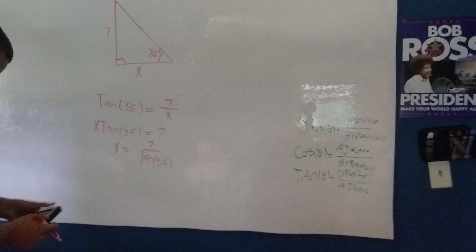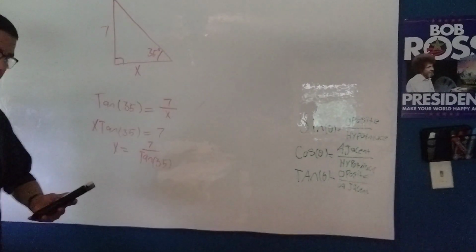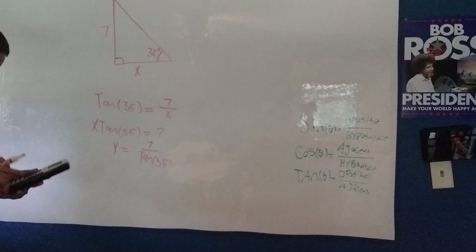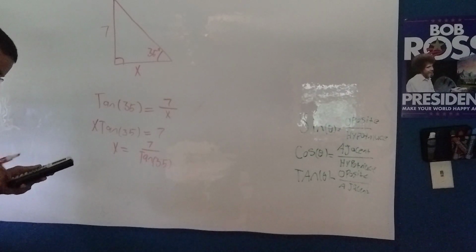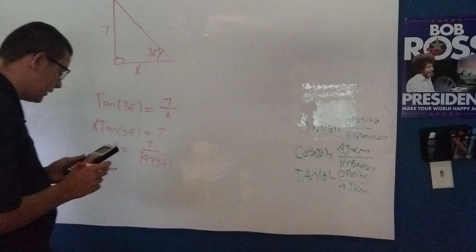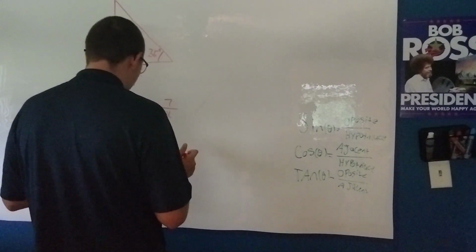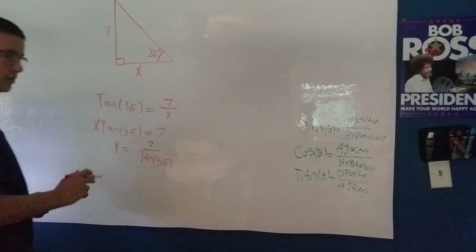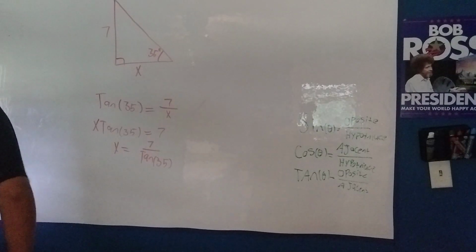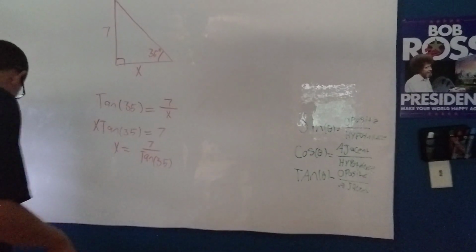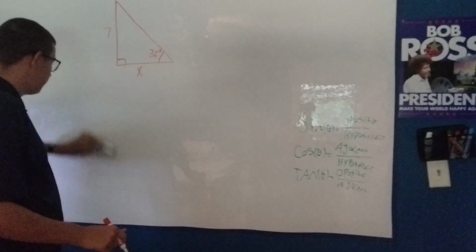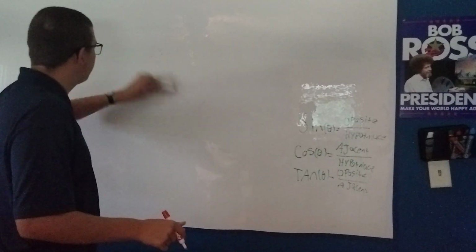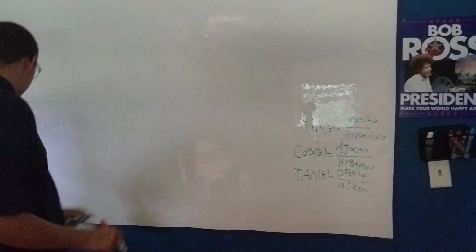And you get, I'm not going to show you the calculator, you should get it by now, 7 over tan 35 is 9.997. So x equals 9.997, or approximately 10. Okay.